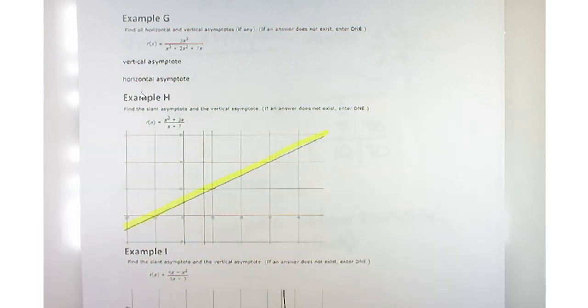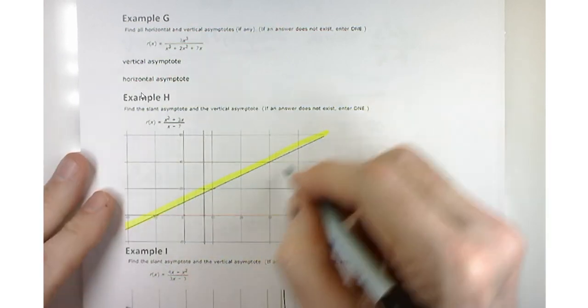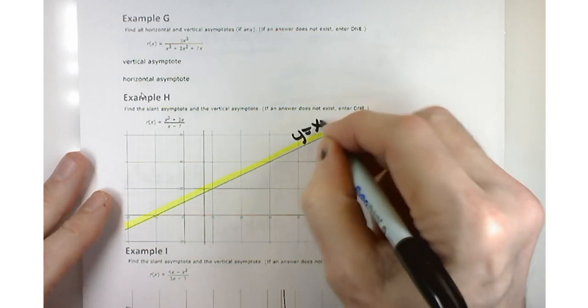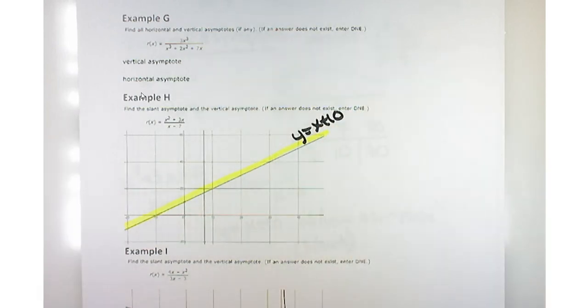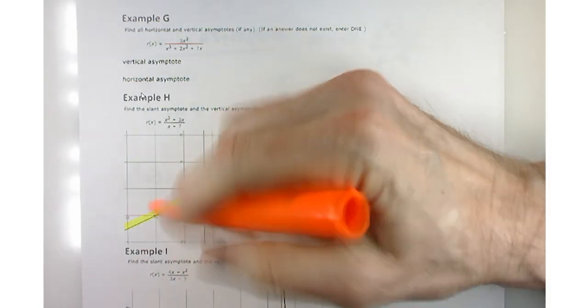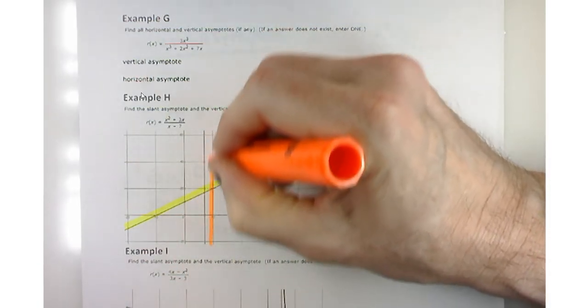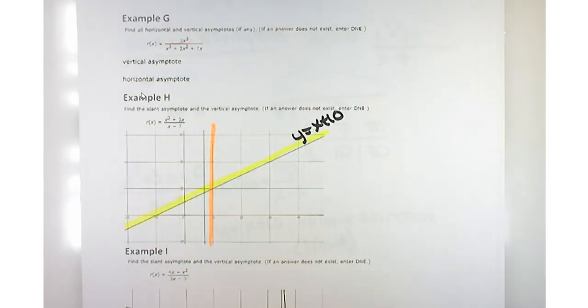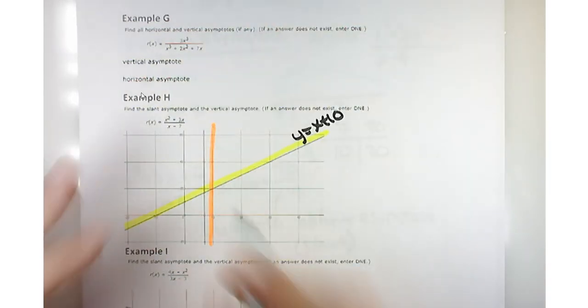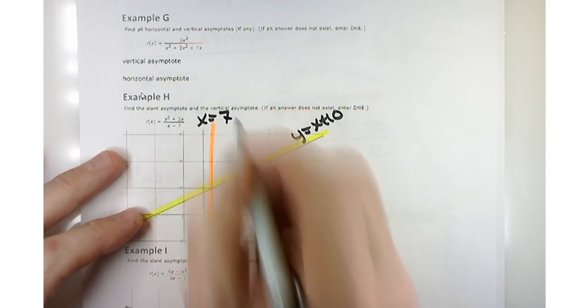The equation of this is y equals x plus 10. Then there's a vertical asymptote at x equals 7. Make sure that when you label your asymptotes, you write x equals something or y equals something.